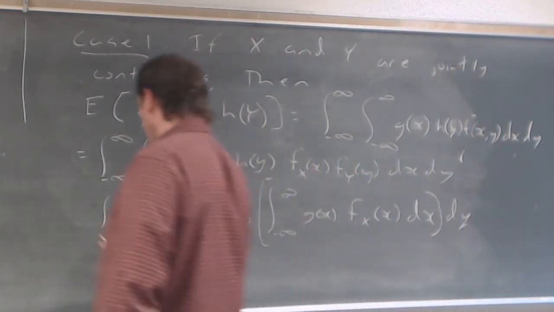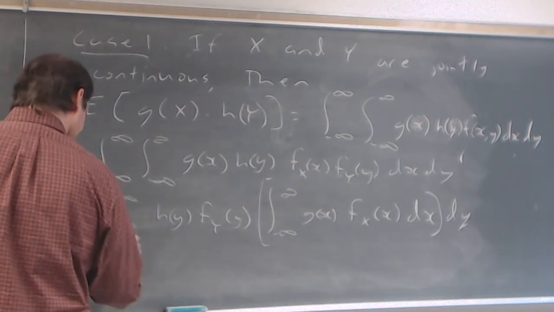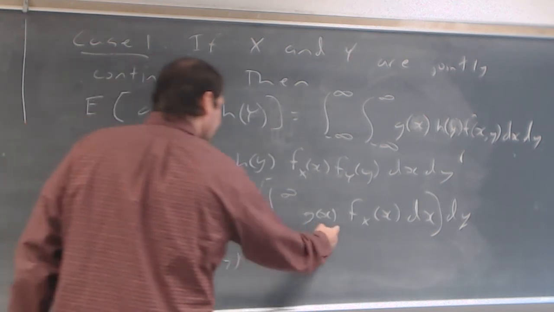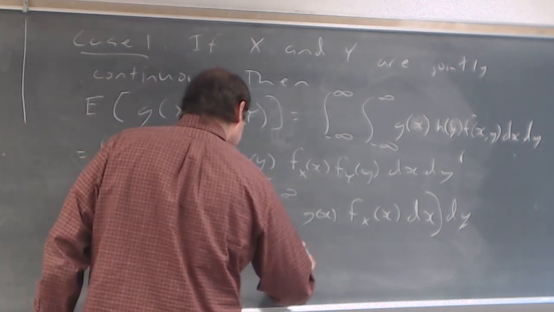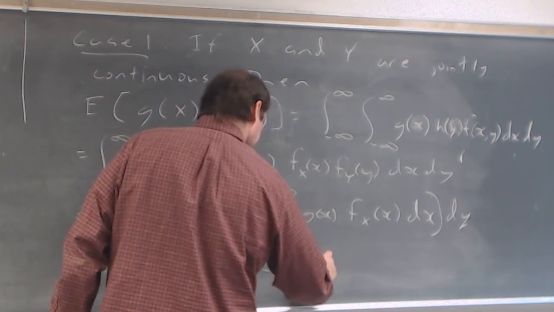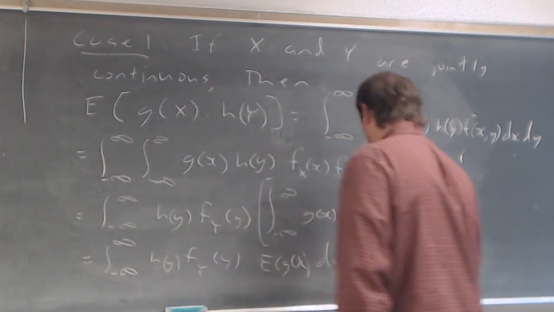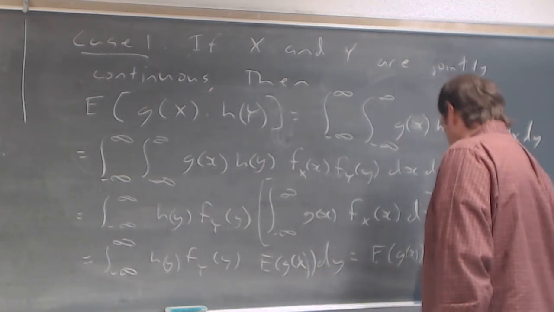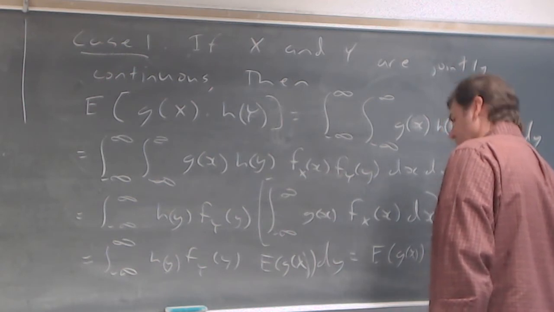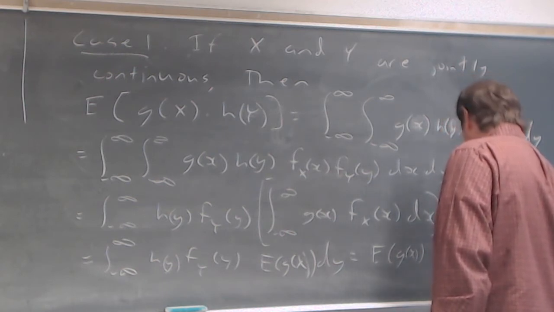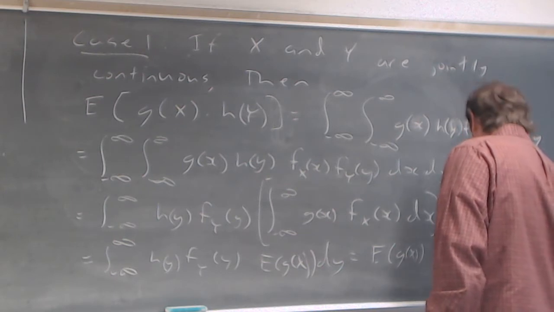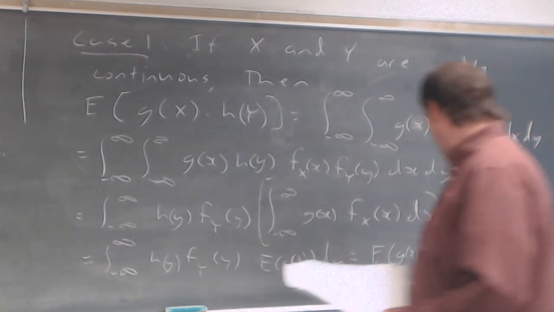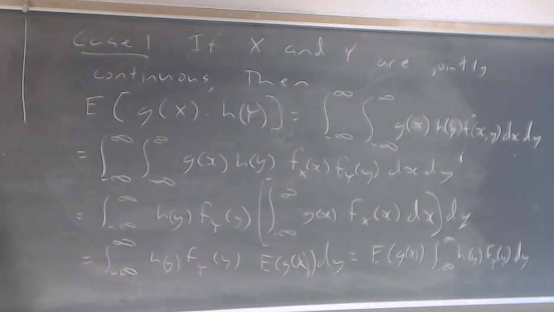This inner integral is nothing more than the expected value of g of x, which is a constant, so it can be pulled out. You're looking at the expected value of g of x times the integral from minus infinity to infinity of h of y, f sub y of y, dy. And of course, this last integral is the expected value of h of y. Let me write that down.